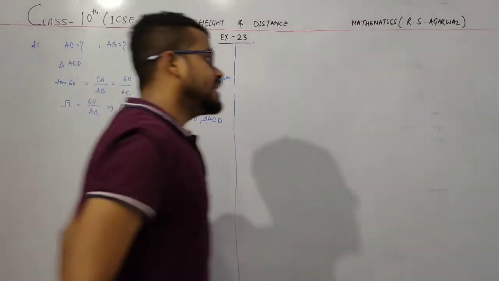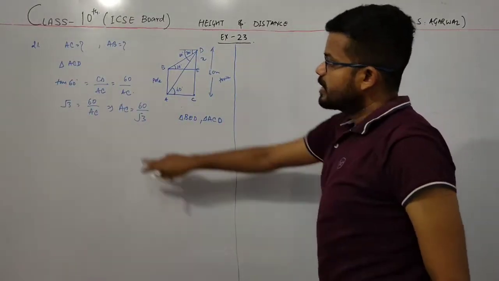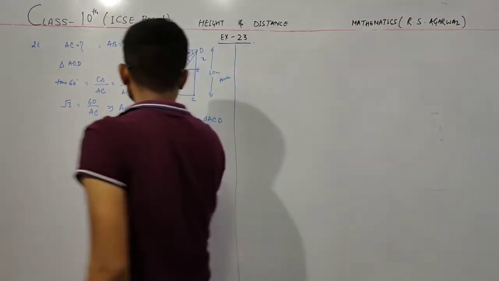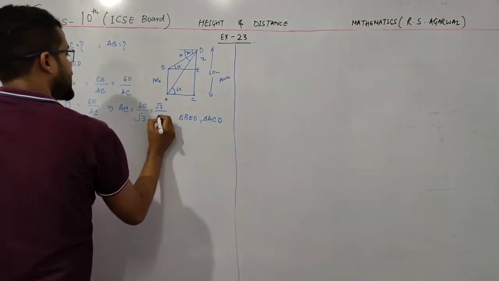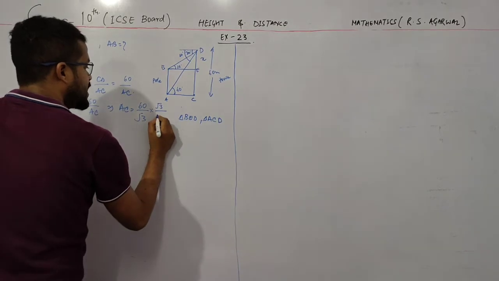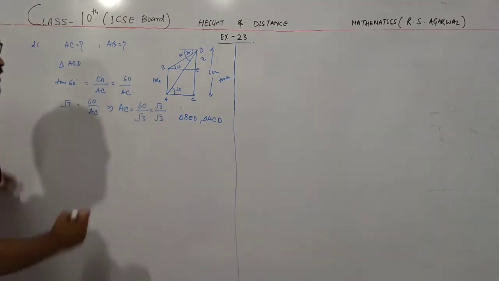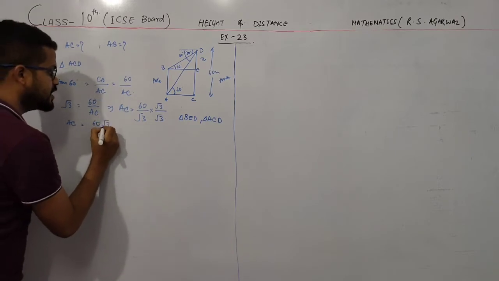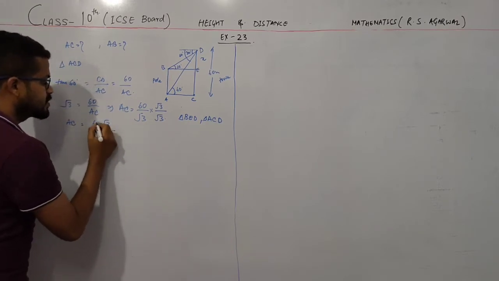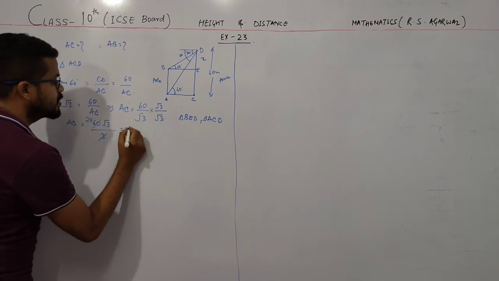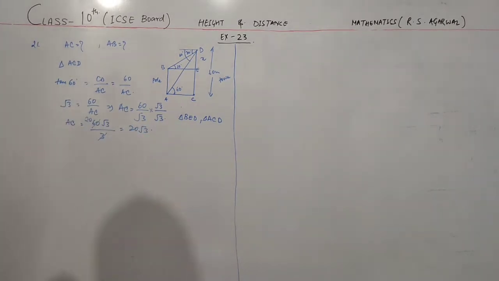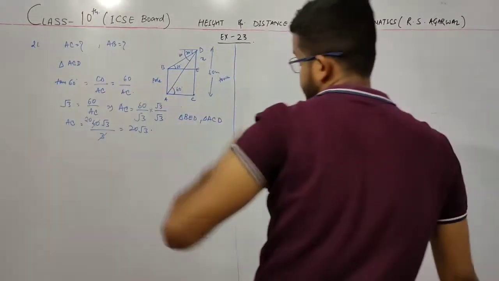Here the root 3 is in the denominator, so we have to rationalize this by multiplying and dividing by root 3. So AC is equal to 60 root 3 upon 3, which is 20 root 3.